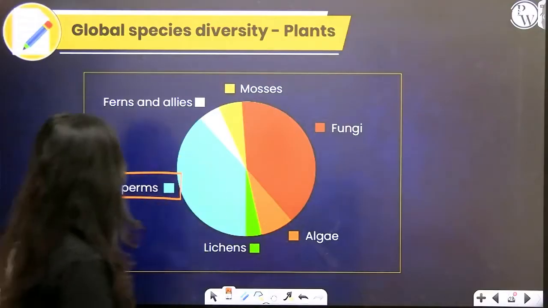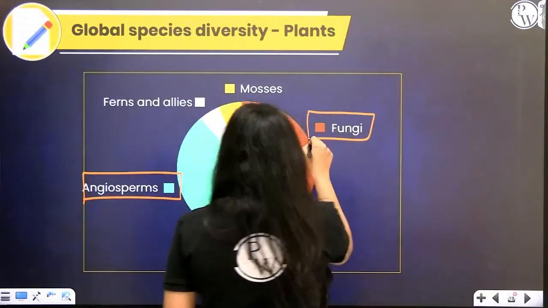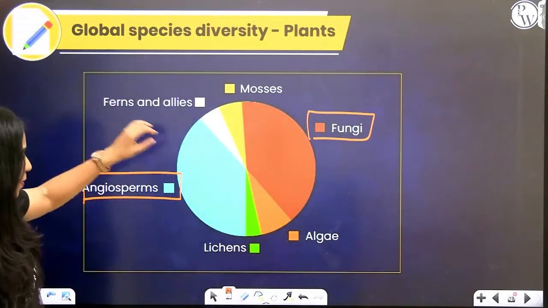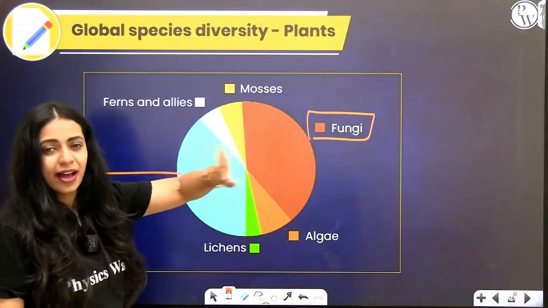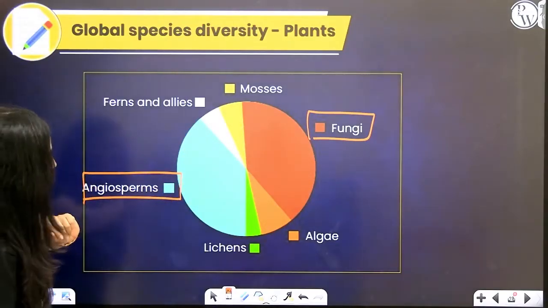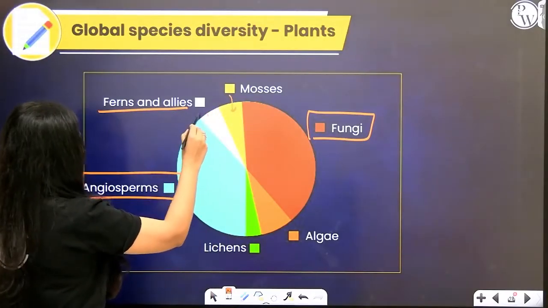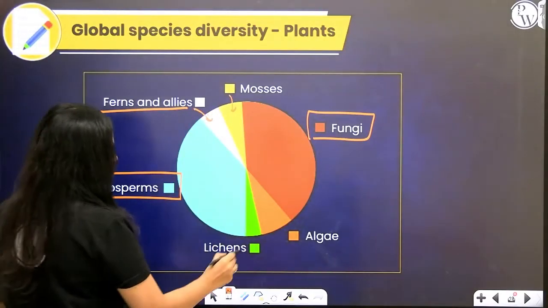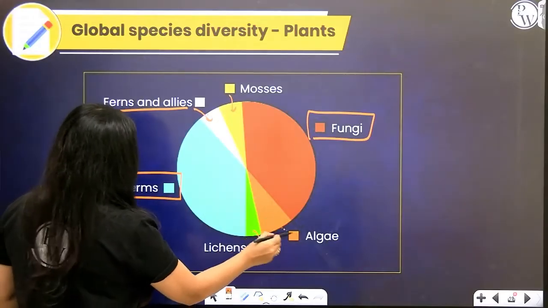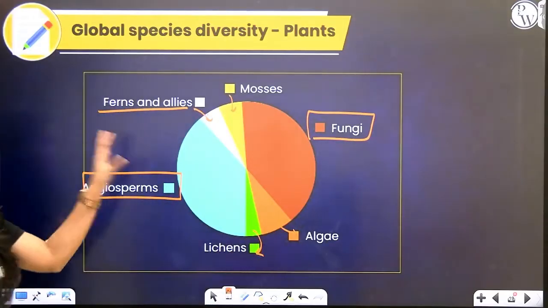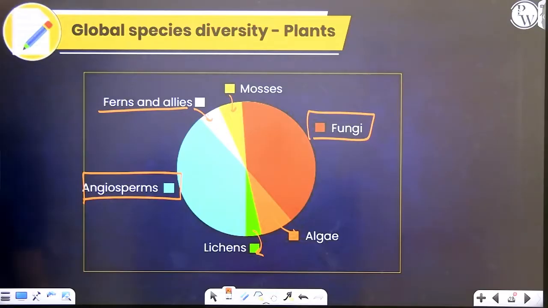Since they've included fungi also in plants, you can see how the species diversity in angiosperms and fungi are pretty much the same. Then you have ferns and its allies. You have mosses here which are bryophytes, ferns are pteridophytes. Then you have lichens, and then you have algae. Okay, so this is how the species diversity of plants is across the globe.